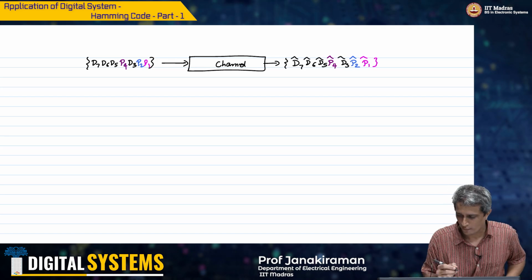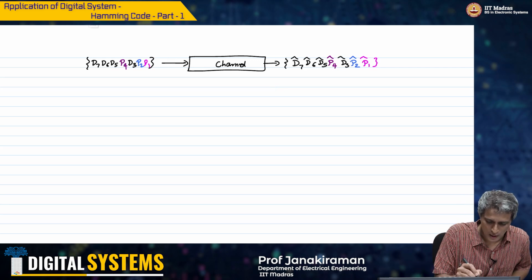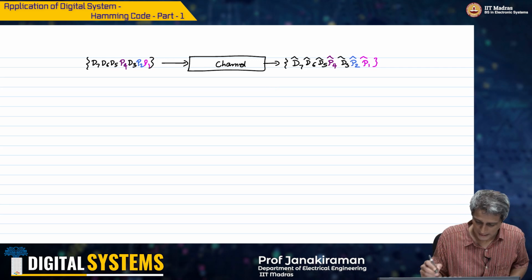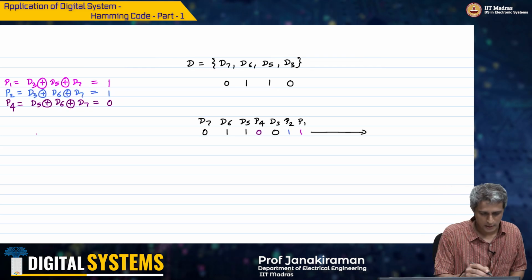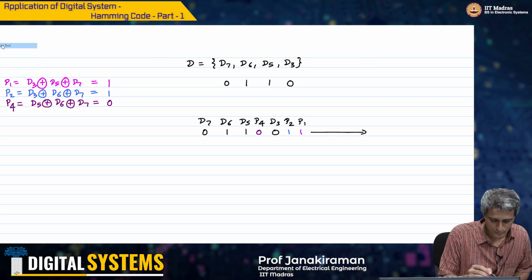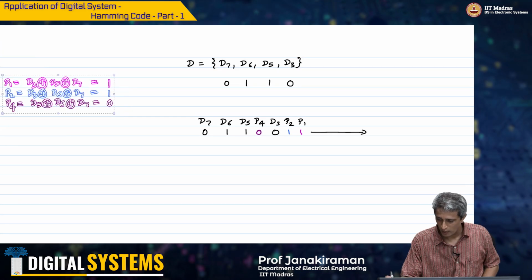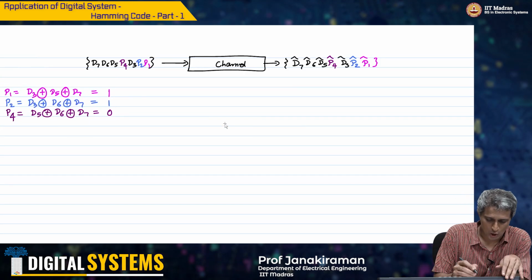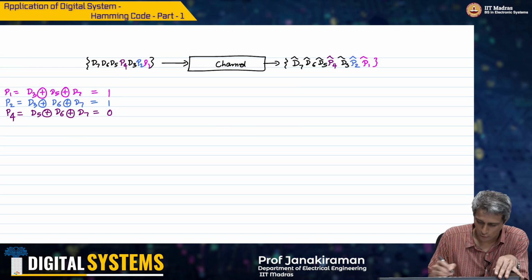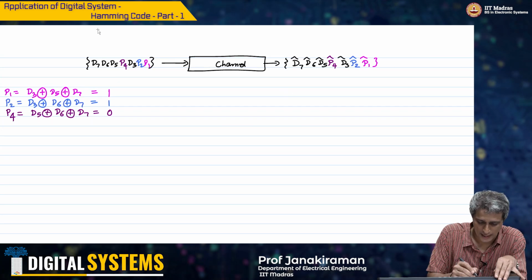So let us see what we are going to do. We are now going to calculate my parity bits again. Remember, this is what was calculated at the transmitter. Now on the receiving side, I am going to do exactly the same calculation again.